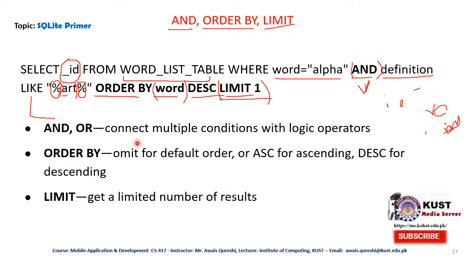We can connect multiple conditions together with the help of logical operators. ORDER BY is by default omitted, but we can use it for sorting purposes. If you want to sort our records in ascending order or in descending order, then we can use this ORDER BY statement. And the third one is called LIMIT. If you want our result set to be returned in a limited fashion, then we can use this LIMIT statement.